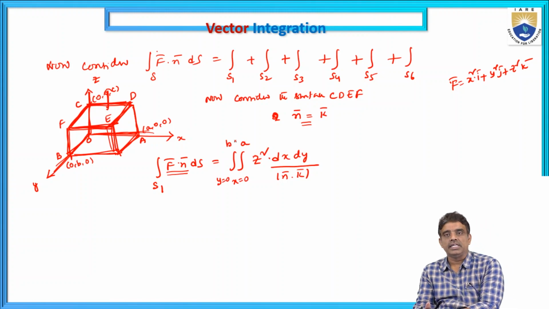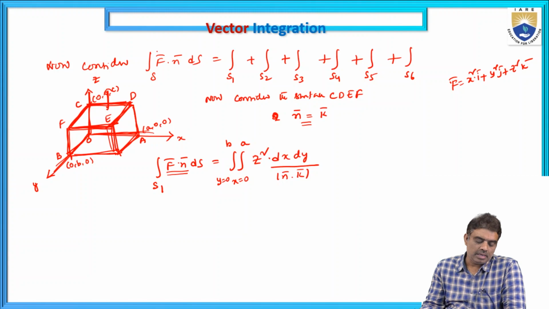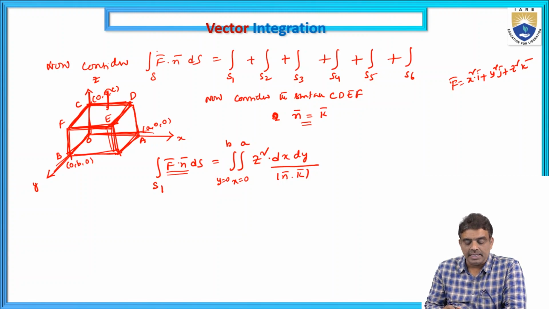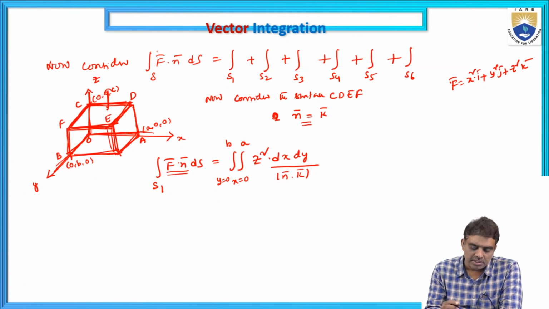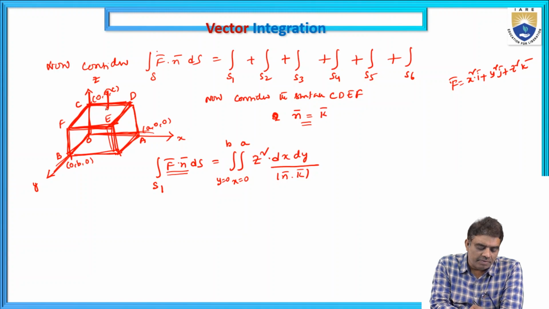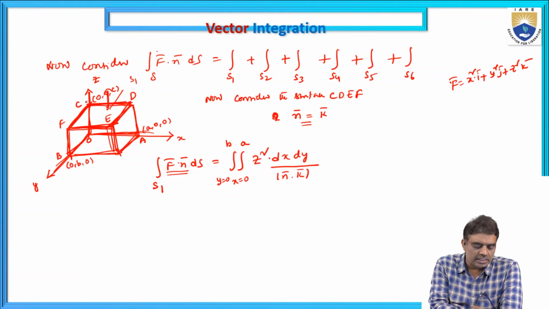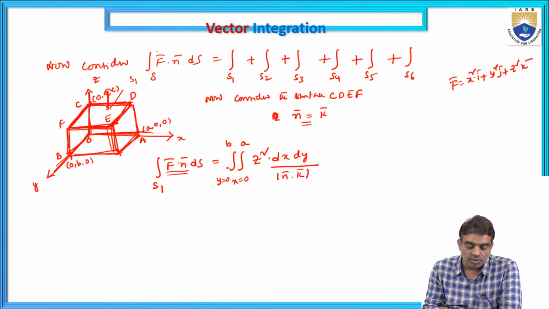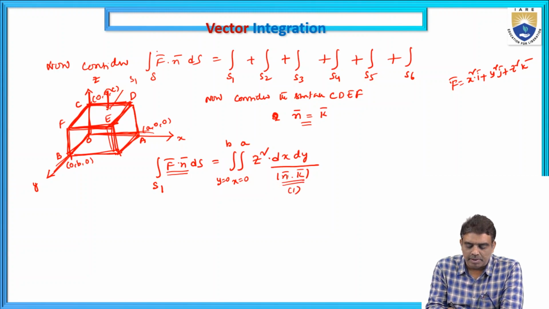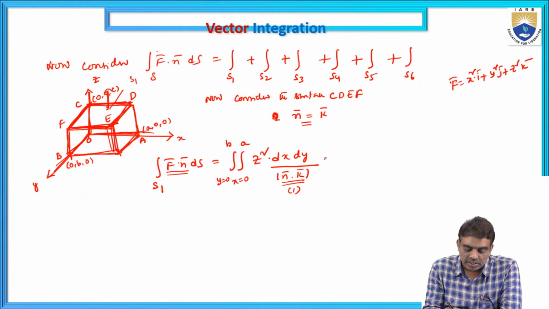Already we have seen in evaluation of double integrals as well as in evaluating surface integrals, and in the theorems also we have seen several problems. I am considering the surface S1, the surface is CDEF. The projection of this plane will be on the XY plane, so the limits will be x and y only. Now the denominator is also 1 because n bar is k bar, k bar dot k bar is 1. Now what is the value?